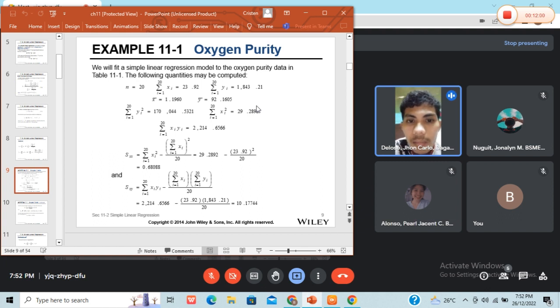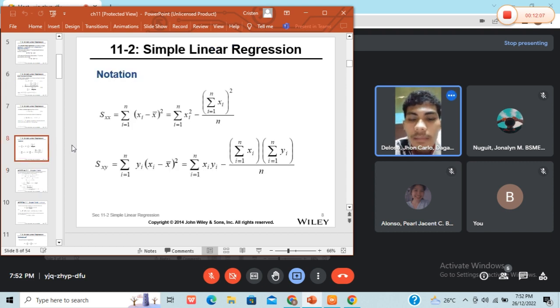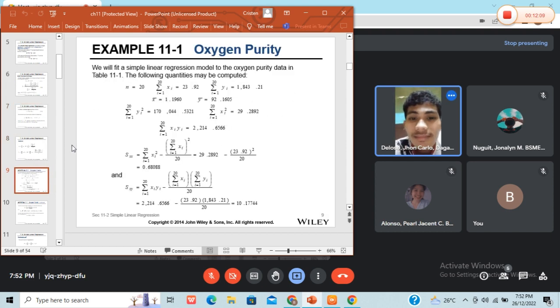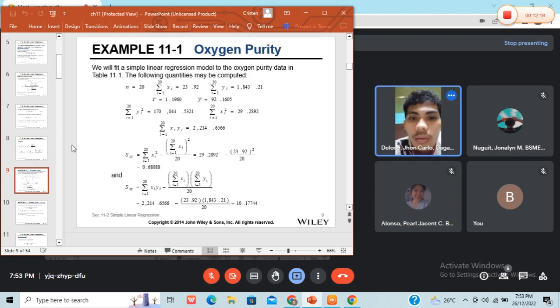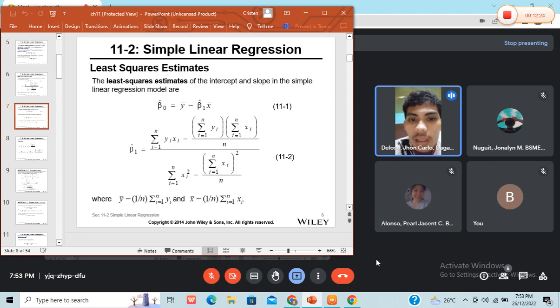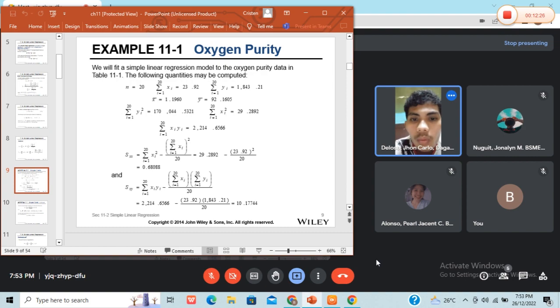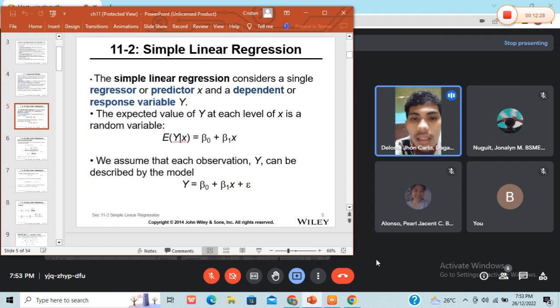So the summation of xy is equal to 2,214.6566 minus the summation of x, which is 23.92, multiplied by the summation of y, that is equal to 1,843.